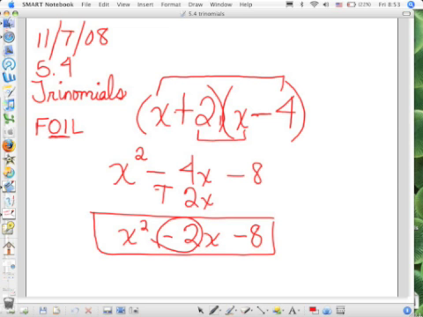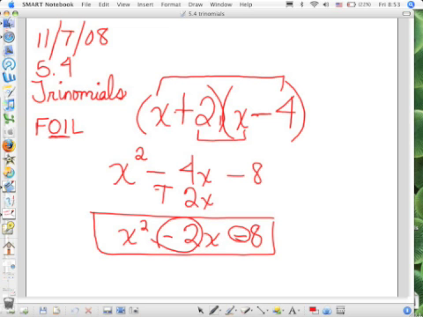You're subtracting them, okay? So the key thing in these trinomials is that sign right there. It's going to tell me that once I find factors of 8, those same factors must subtract to give me 2.